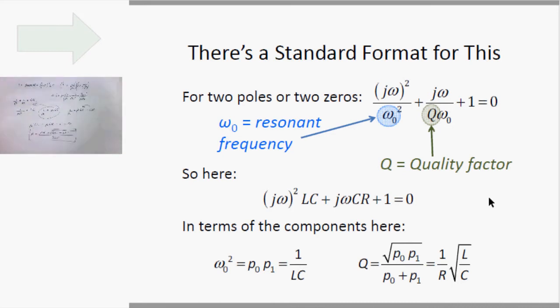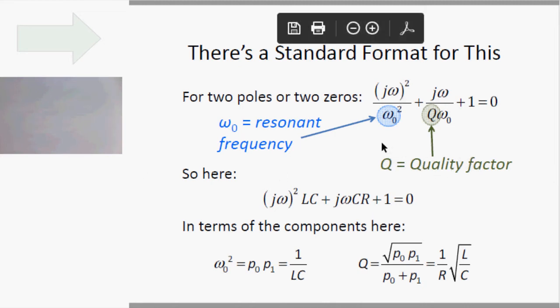Solving quadratic equations like that all the time, when you want to know how a second order system behaves, can get a bit tiresome, so there is an alternative way of doing it. The alternative way is, rather than work out the frequencies of the two poles, specify the behavior of the second order system in terms of two other factors known as the resonant frequency and the Q factor, or quality factor.